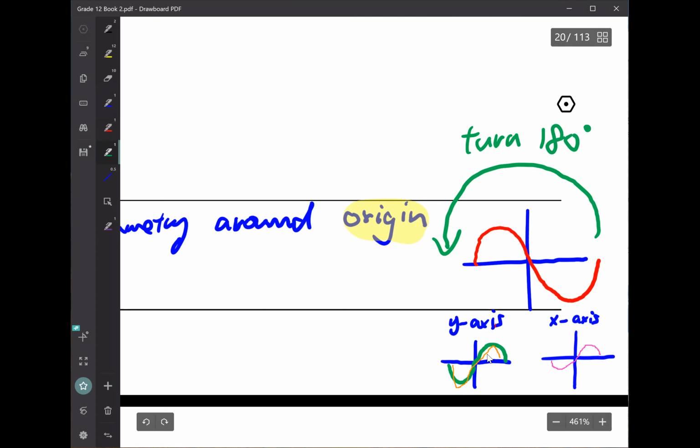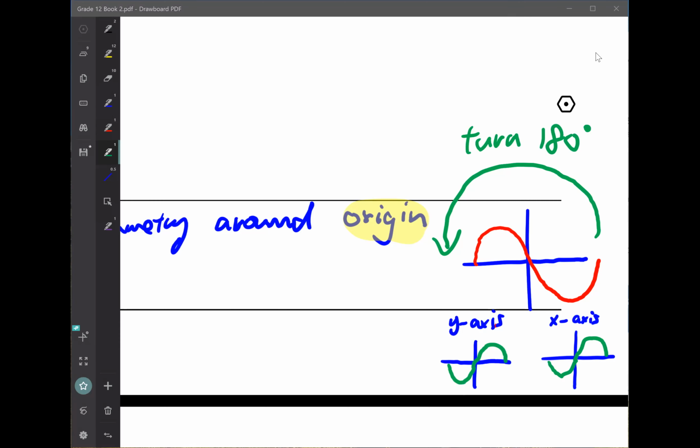Yeah, very good. So the top part will go to the bottom, and the bottom part will go to the top. So it's different from reflecting over the y-axis. Let me clear the drawing first.